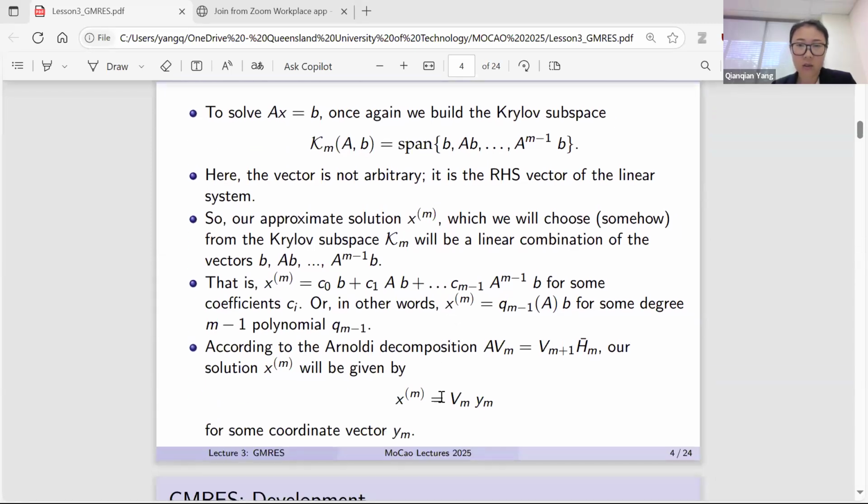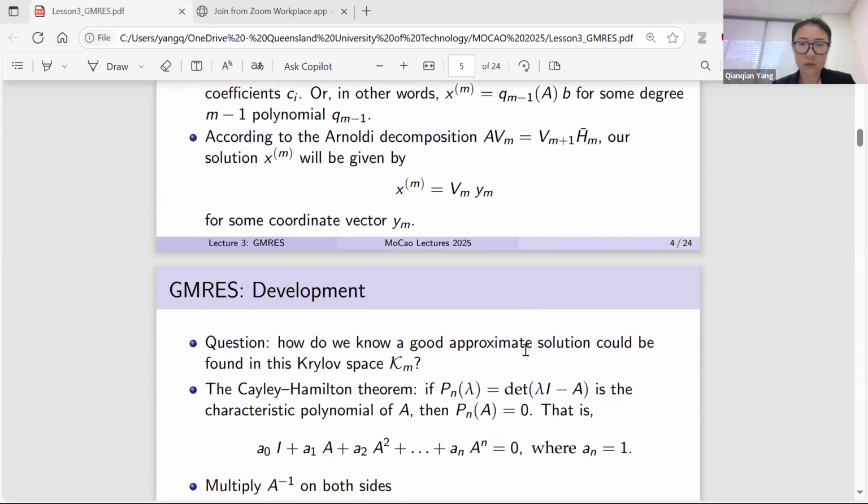So now our solution can be written as V_m times y_m, where V_m has all its column vectors orthonormal to each other, and y_m is some coordinate vector. So now the question is, I know V_m, so how do I figure out y_m? That's one of the questions we're going to figure out.